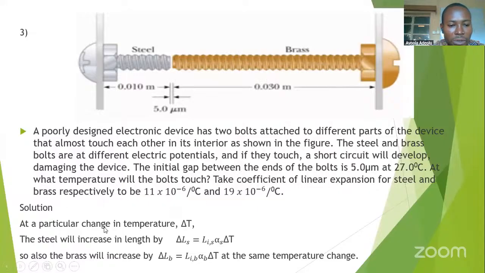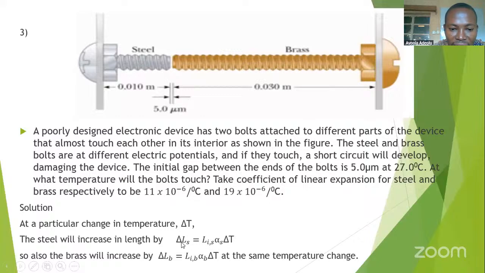At a particular change in temperature, that I call delta T, the steel will increase in length by delta L. Remember the formula: delta L is equal to Li alpha delta T. But I put S to indicate steel.